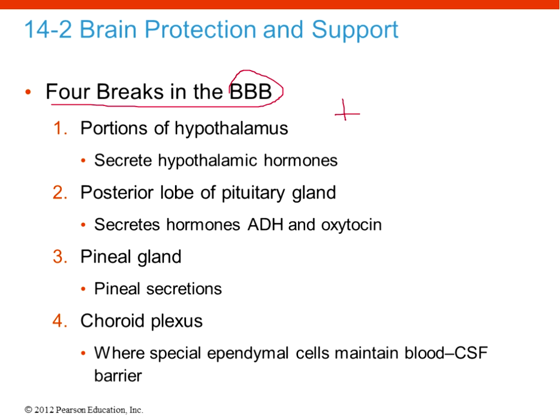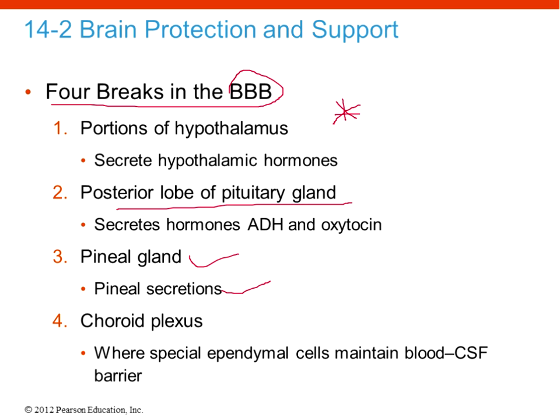Okay? So there are 4 breaks in the blood-brain barrier. Okay? And most of this is due to hormones, right? As we said, there's sort of this neuroendocrine relationship established in the brain because you have endocrine organs in the brain. So, for instance, the pineal gland is an endocrine organ that releases melatonin, which is a pineal secretion.